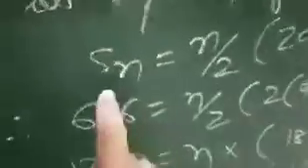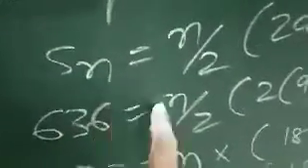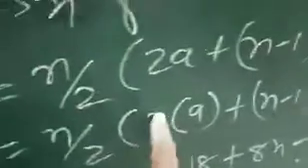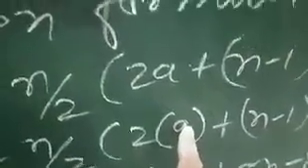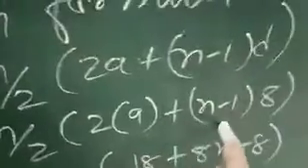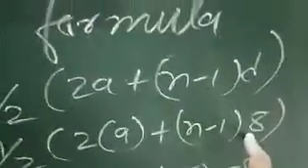Okay, so here Sn is equal to 636, equal to n upon 2 into bracket 2 into 9, a equal to 9, the first term, plus (n minus 1) multiplied by 8, d value 8. Okay, now we do the simplification.